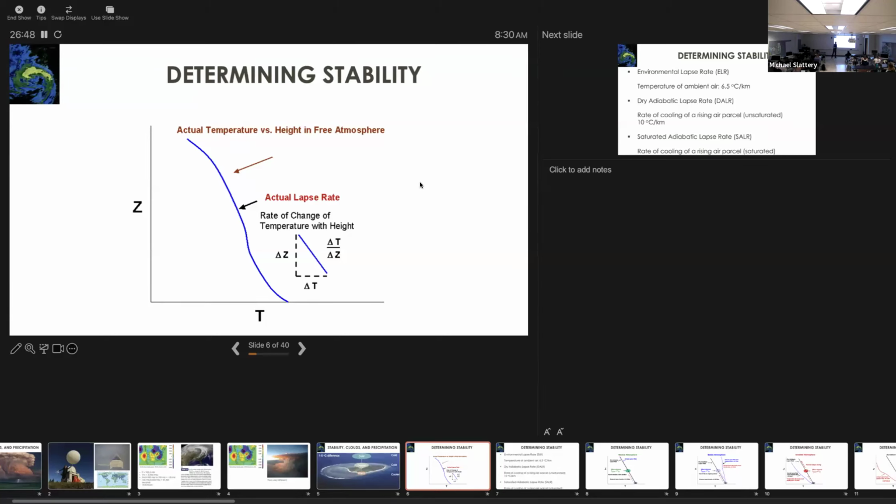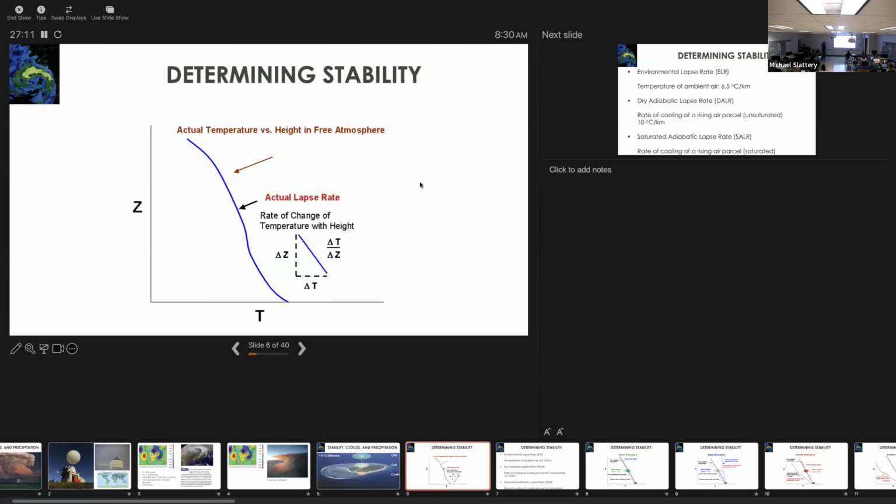And that change in temperature with height is known as a lapse rate. A lapse rate, the change in temperature with height. The actual change in temperature with height. So after that balloon goes up and it sends back the data, you get a blue line like this, and that is your actual lapse rate.